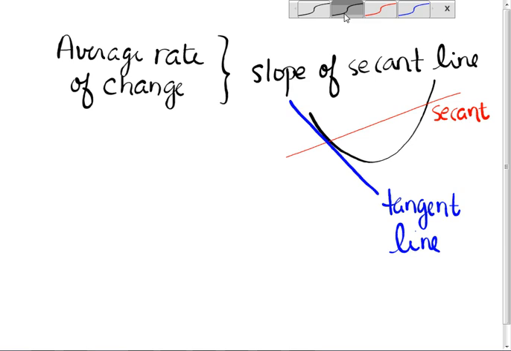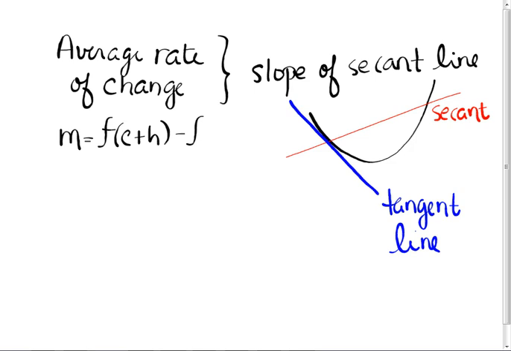Yes or no? Jason, what's the slope? M equals f of c plus h, that's the change in the y values, all divided by c plus h minus c. That's the slope. I guess I need to put the points in here.